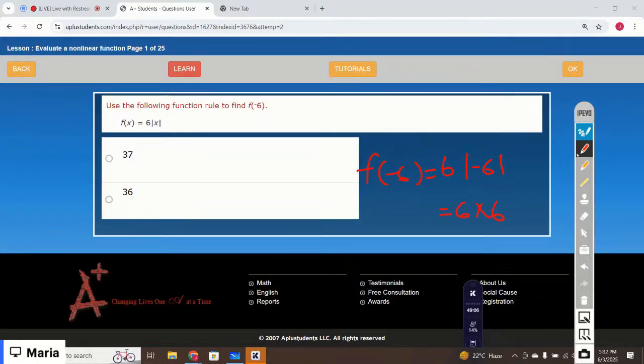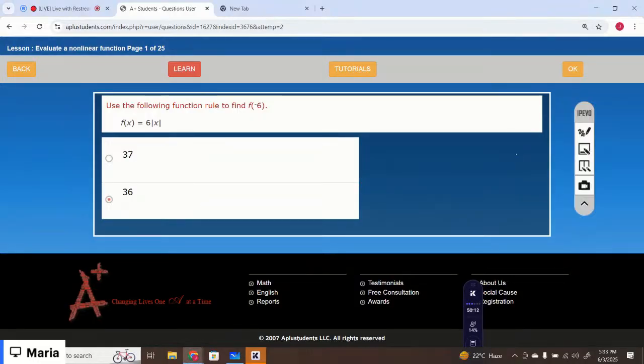That is 6 times 6, which equals 36. Option number 2 is the correct option. That is 36.